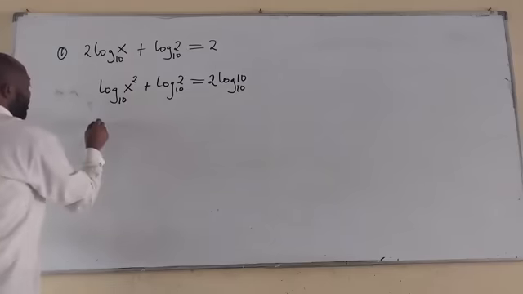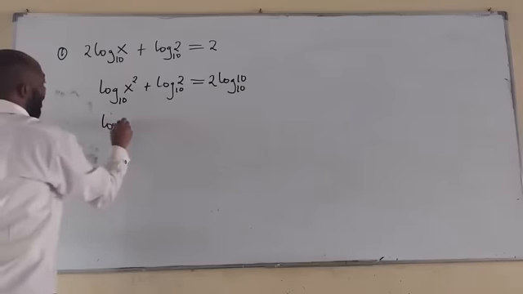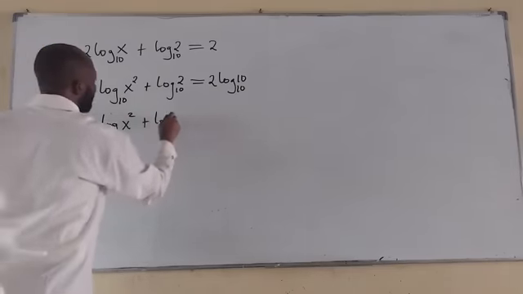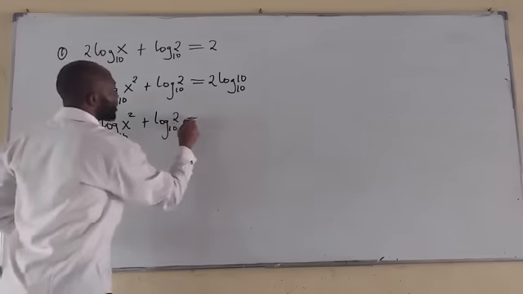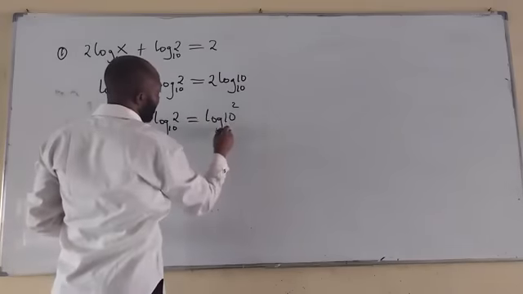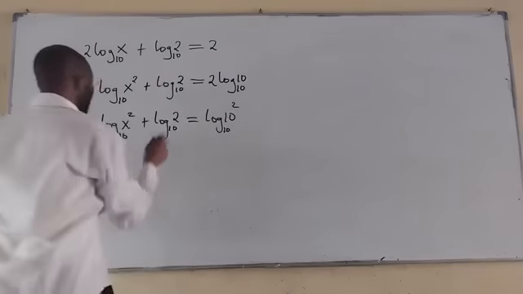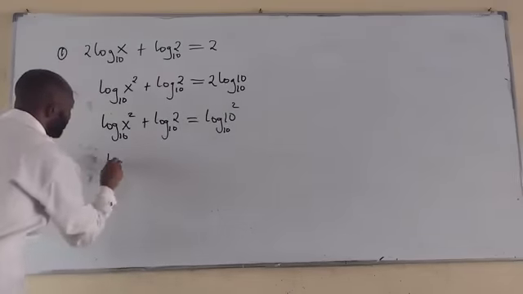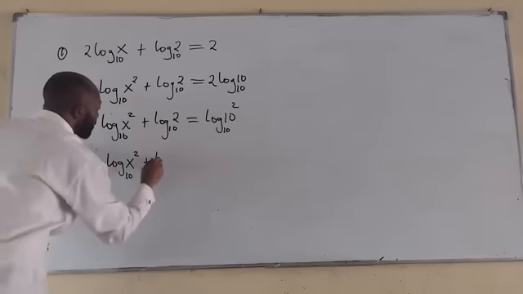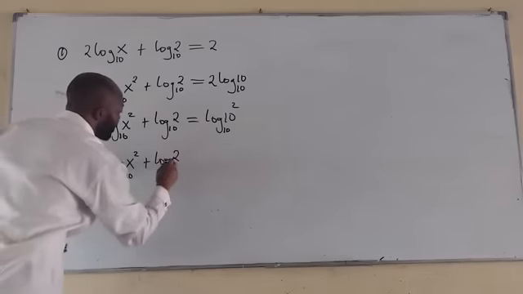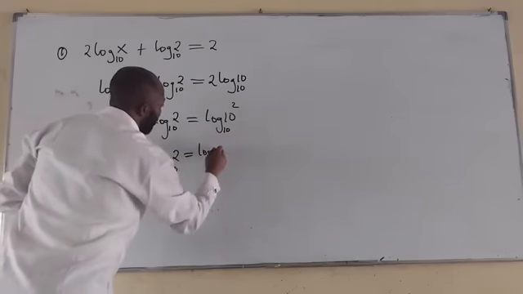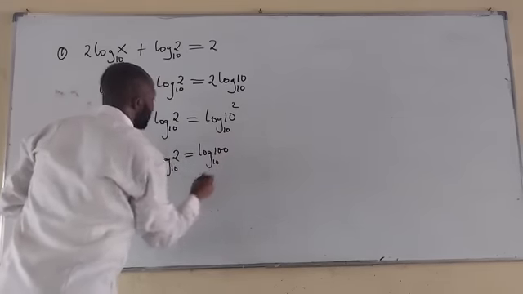So I proceed further to have log x raised to the power 2 in base 10 plus log 2 in base 10 is equal to log 10 raised to the power 2, by the power law, in base 10.